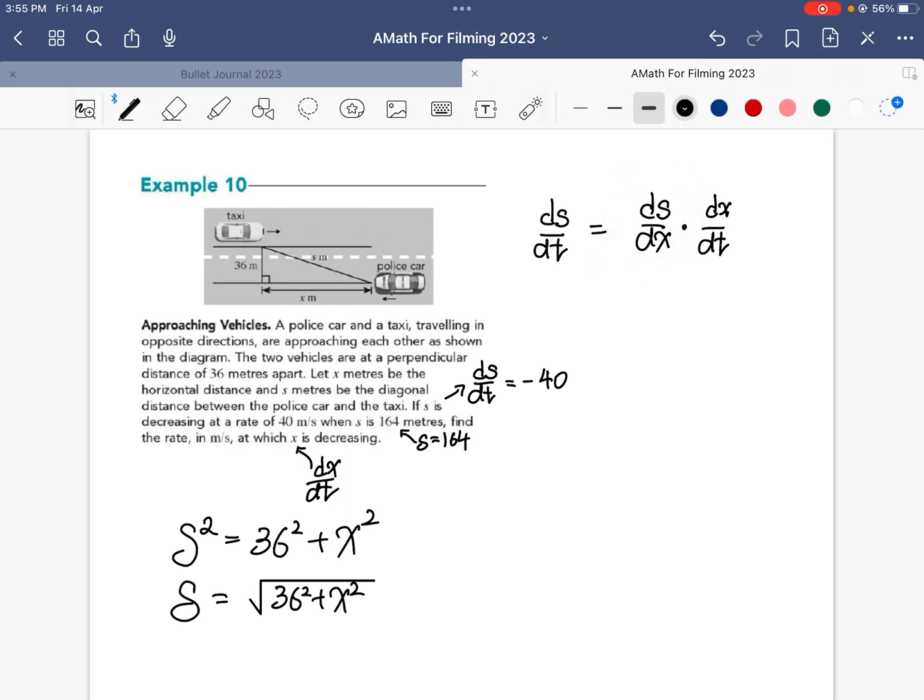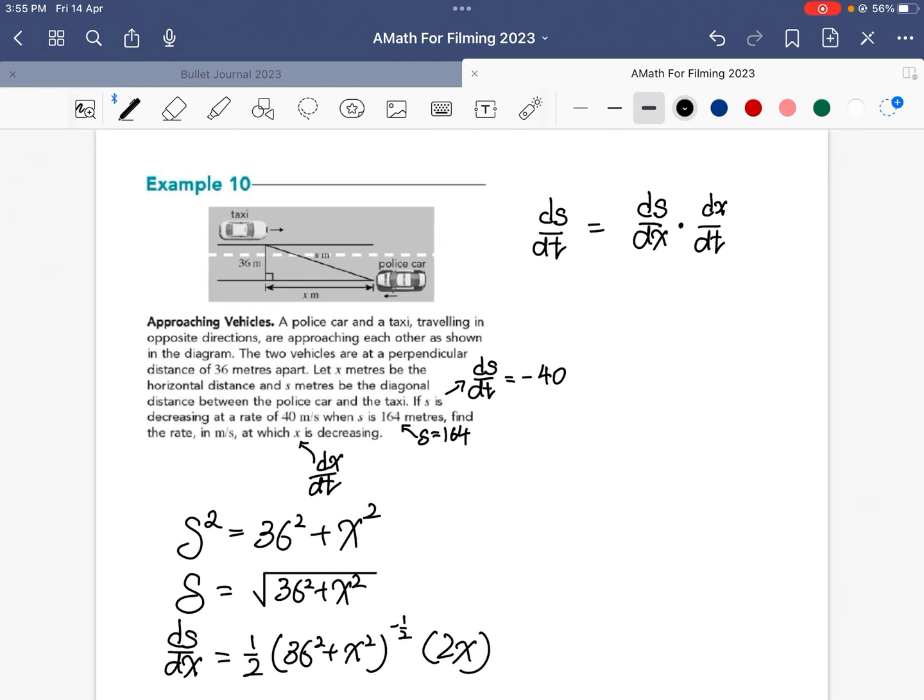If you remember from above, we need to differentiate s with respect to x. So if I differentiate this, I can bring down the power half, 36 squared plus x squared, then power half minus 1 is negative half. Differentiate inside the bracket, I get 2x, like this.